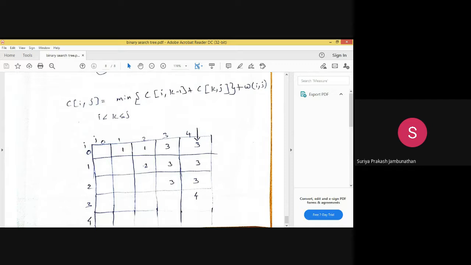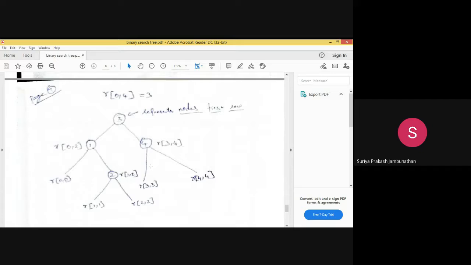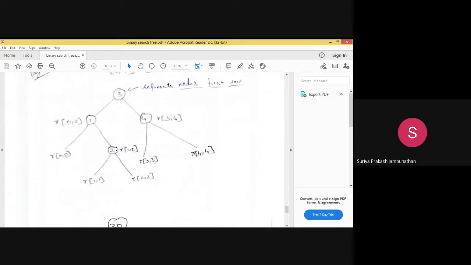Now the remaining one is 2. So 2 we are taking, when you are taking 2, the position is 1 comma 2. So 1 comma 2 we are putting in the right hand side of the node.